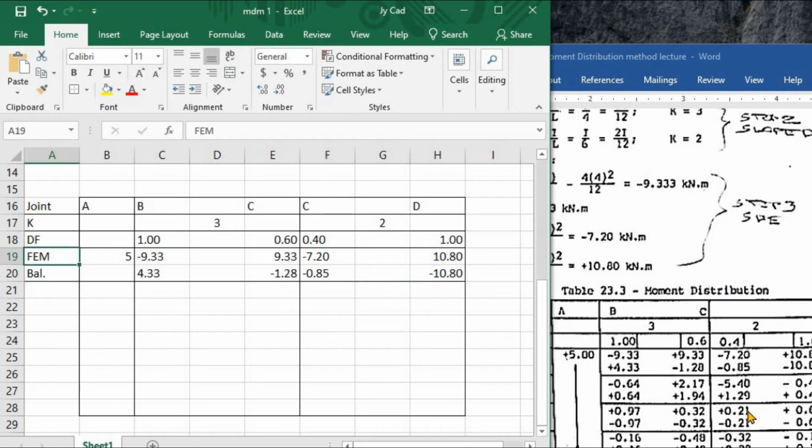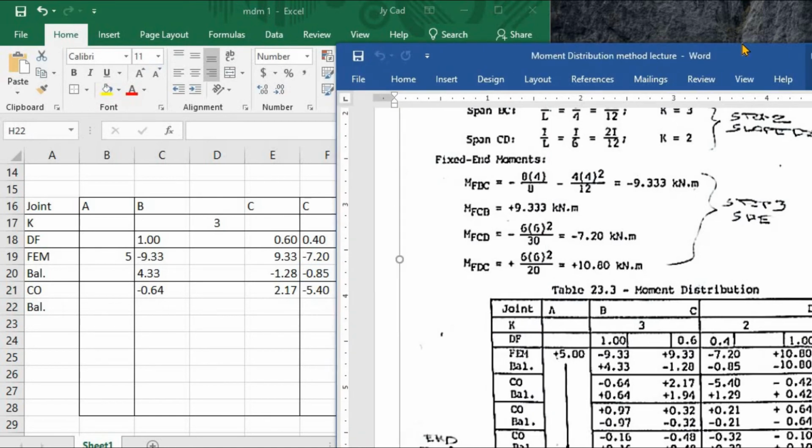Next, sa second cycle, this now becomes carry over and then another balance. Para sa carry over, that is half of the other balance moment, or half of the balance moment at the other end divided by 2. 4.33 divided by 2, equal sign negative 10.8 divided by 2, equal sign negative 0.85 divided by 2.